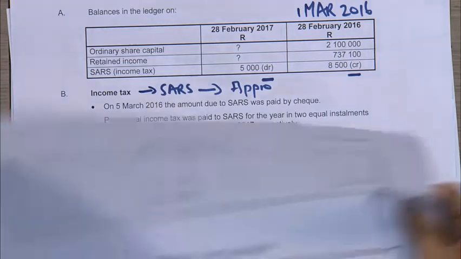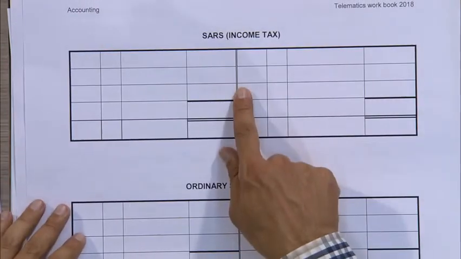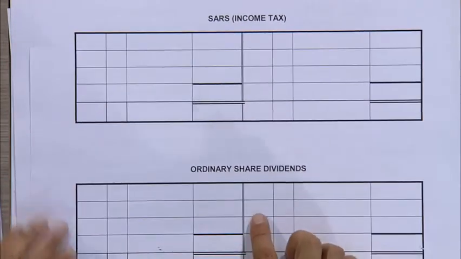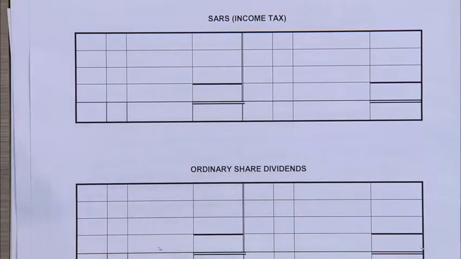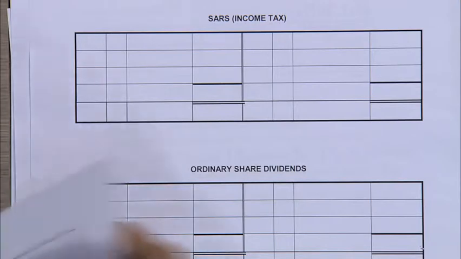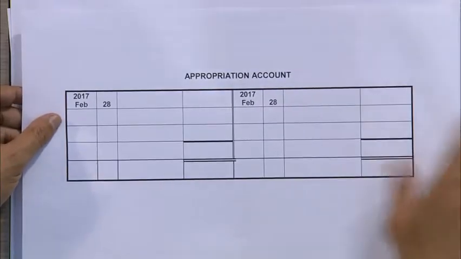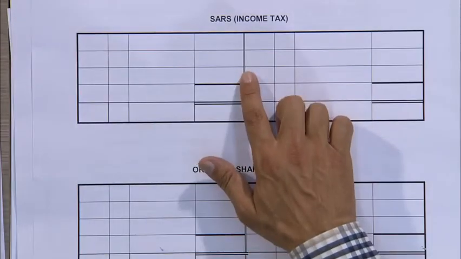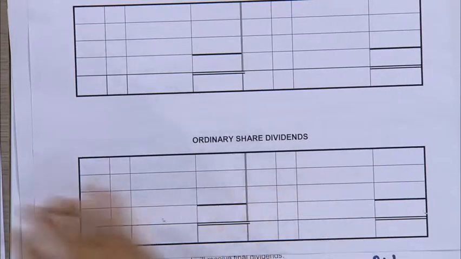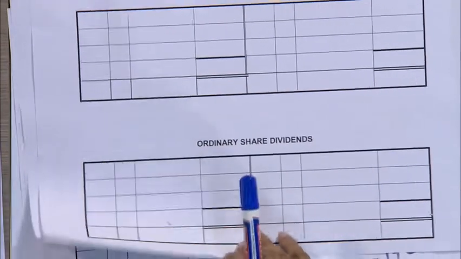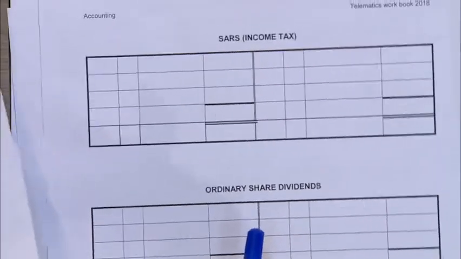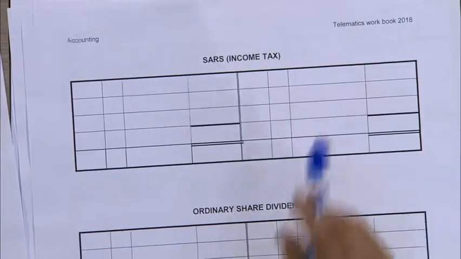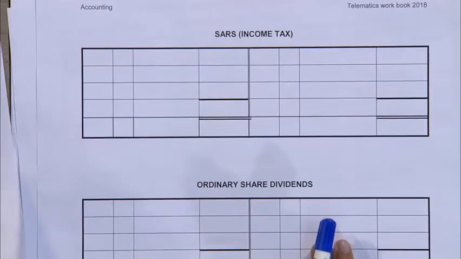Okay, there we go. They're talking about a SARS account. They're talking about ordinary share dividend account. And then eventually they're talking about an appropriation account, which we have over here. Right, so it's appropriation, the SARS, and the ordinary share dividends. Okay. So just remember that the SARS account has an opening balance and the SARS account has a closing balance.